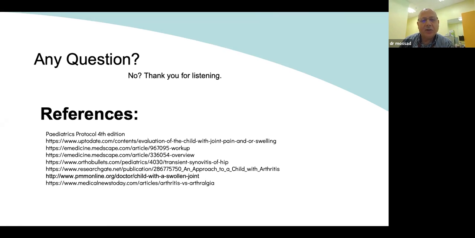For infants, usually you cannot detect hip joint arthritis. Sometimes the picture which your colleague presented appears, but sometimes you cannot detect it. There is only limitation of movement, and you are not sure if it is in the knee or in the hip. So don't forget hip joint disease.